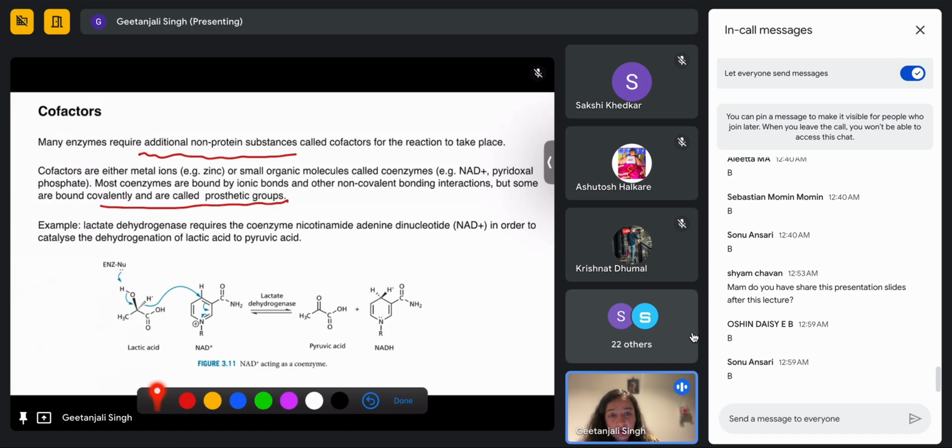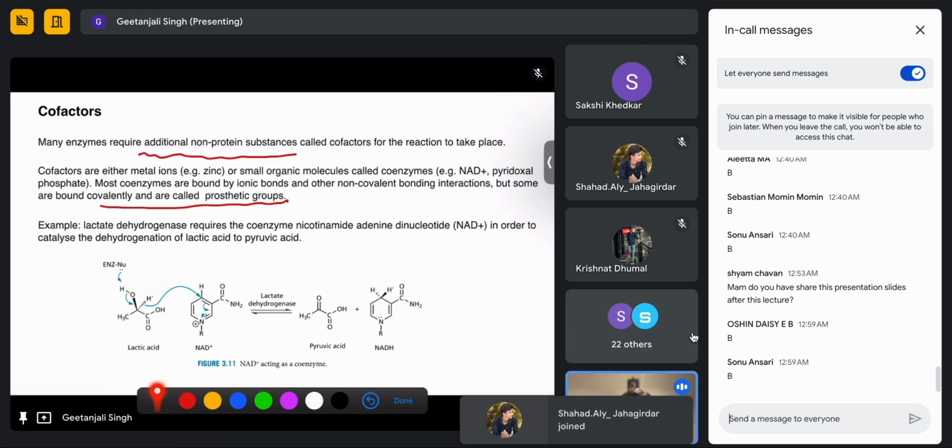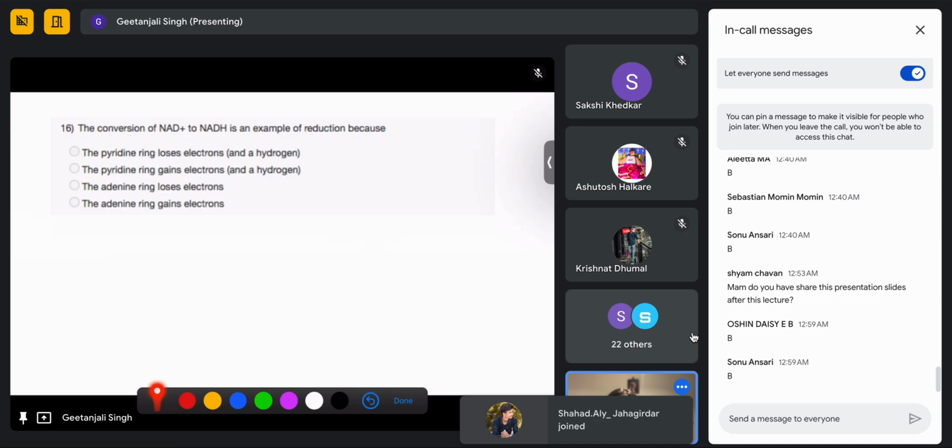Now once lactic acid is oxidized to pyruvic acid, NAD plus is reduced to NADH by gaining 1 hydrogen and 2 electrons, and hence the structure. So yeah, option B is correct.